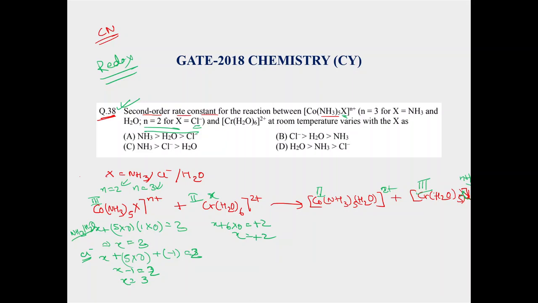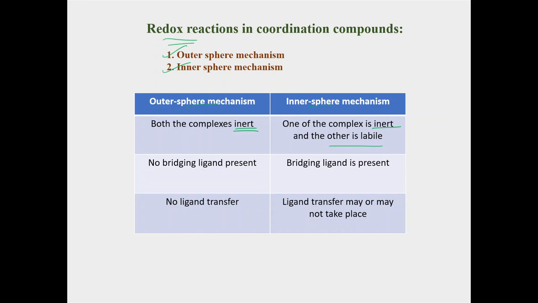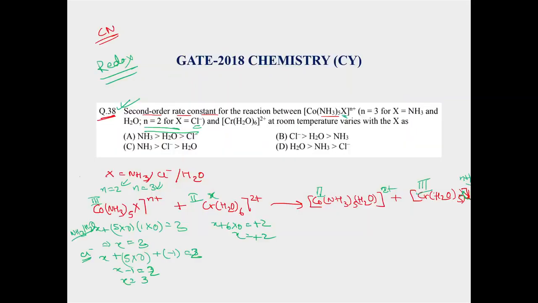As we already said, if a bridging ligand is present, then the reaction is much faster as it helps in transferring the ligands. Among the given options, X is either ammonia, water, or Cl minus. Among these three, only Cl minus is a bridging ligand.